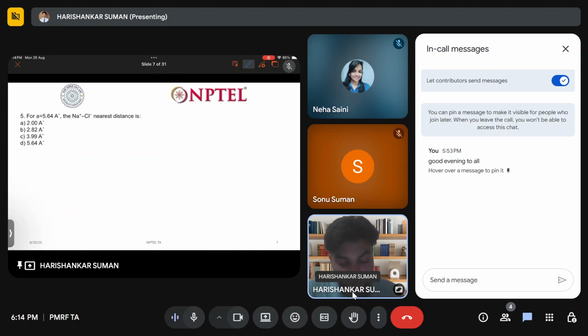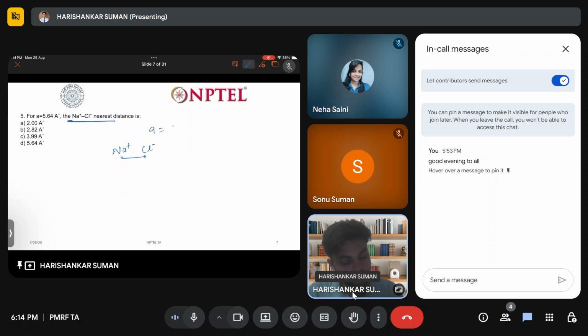So let's do the numerical question. a equals 5.64 angstrom. The Na plus and Cl minus nearest distance is, you have to find out the nearest distance between these two atoms.